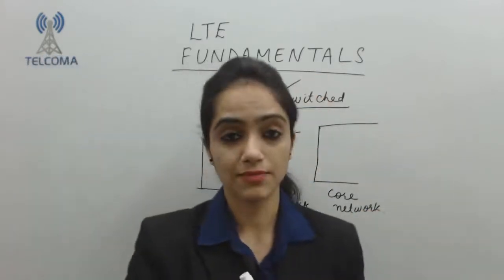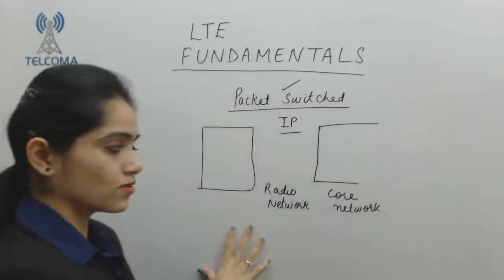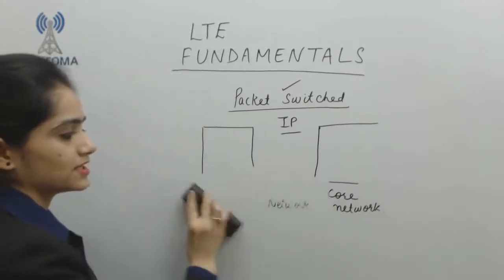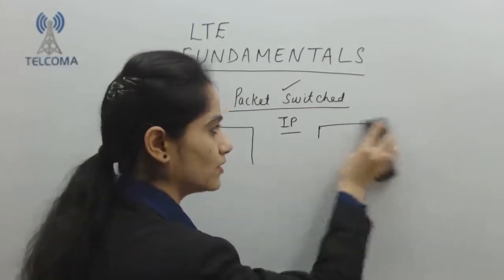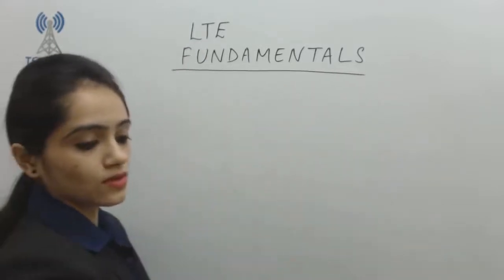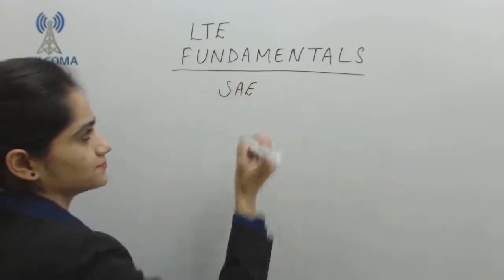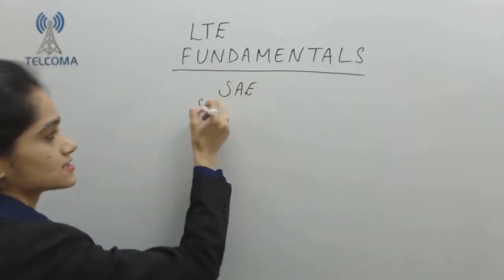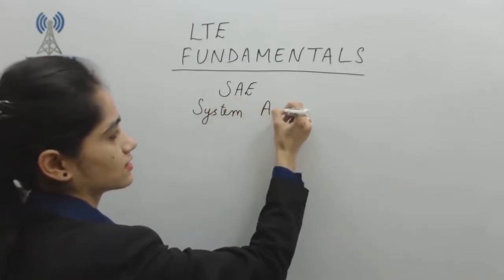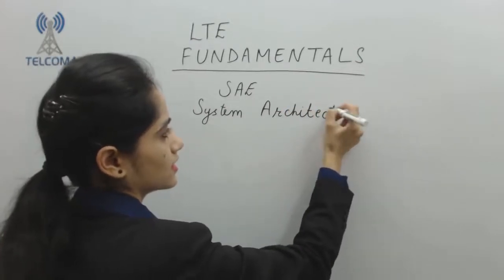That's why we have to evolve a new architecture with its own radio network and its core network. So that means evolution of a new architecture is there in our 4G networks. That evolution of new architecture is SAE, which is known as System Architecture Evolution.